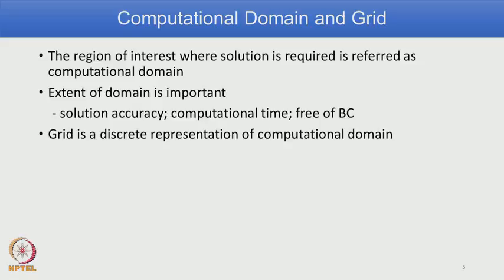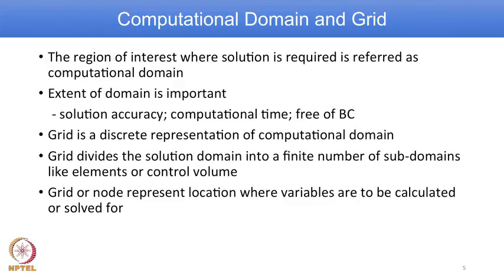Grid is a discrete representation of the domain. Once you decide the domain, then you need to discretize or generate a mesh where you are solving governing equations. Grid divides the solution domain into a finite number of subdomains or elements or control volumes.